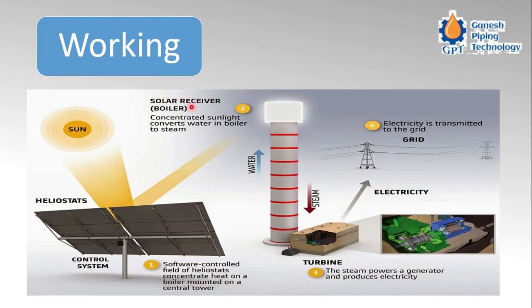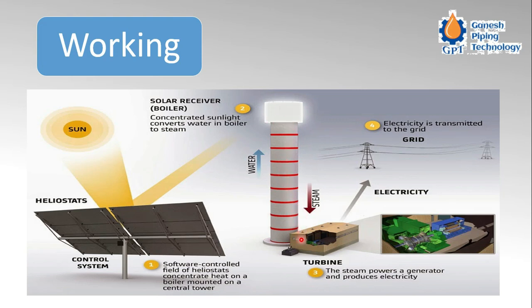This is the solar receiver, which we can say is a boiler or a molten pot where a substance like sodium chloride is molten. In some cases, water is heated directly here and the steam is produced. Concentrated sunlight converts the water in the boiler to steam. Here we can see the water going up and the steam being produced.